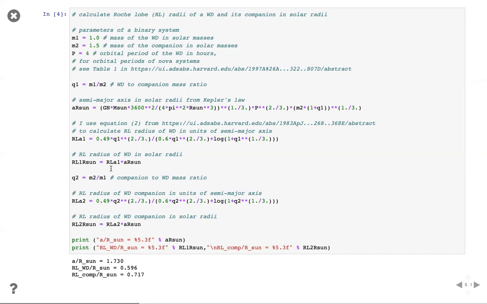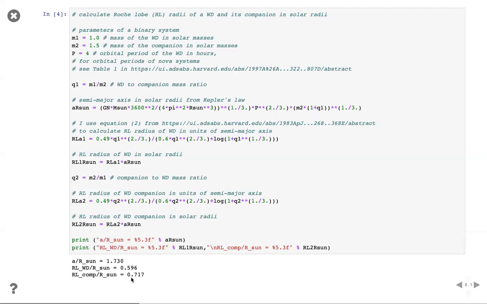Then this cell calculates some additional parameters, such as the mass ratio, white dwarf to companion mass. There is a link to the paper from where I took the equation that calculates the Roche lobe radius. For these parameters, we find that the Roche lobe radius of the white dwarf is 0.596 in solar units, and the Roche lobe radius of the companion is 0.7 solar radii, with a mass of 1.5.